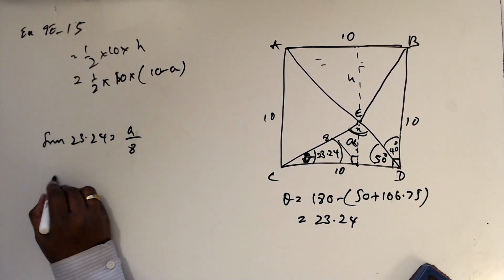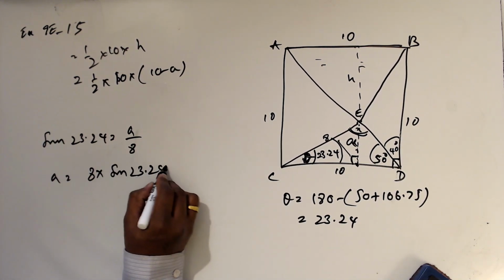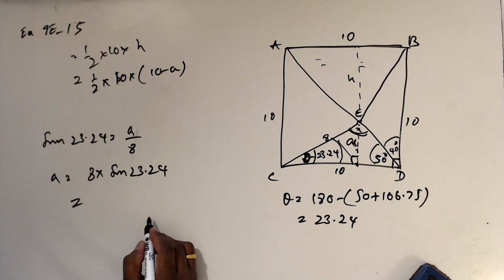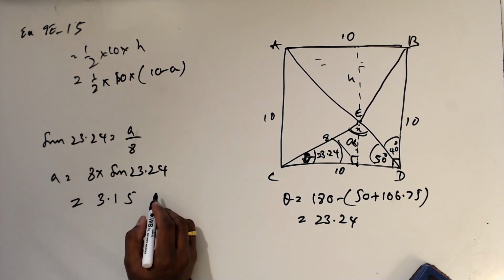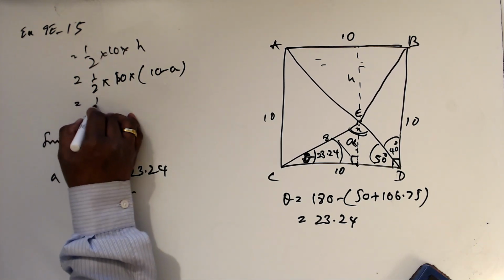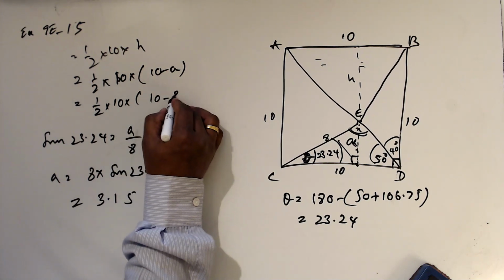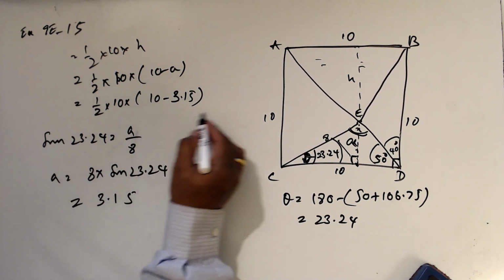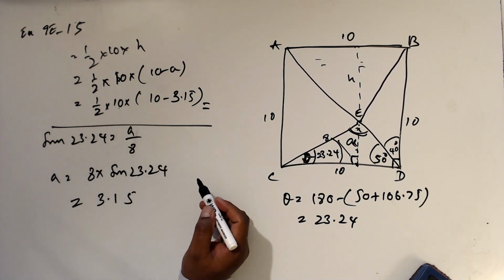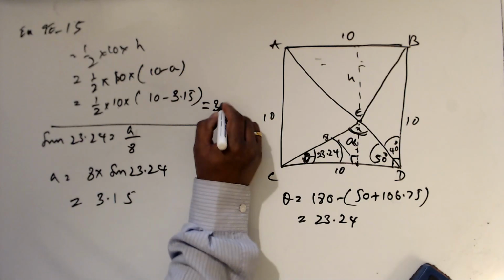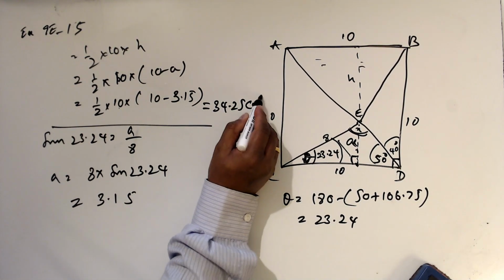Then by cross multiply, A equal 8 times sine 23.24, which is 3.15. Then this is going to be half 10 times 10 minus 3.15. The answer is 5 times, okay, let me calculate, 34.25 square centimeter.